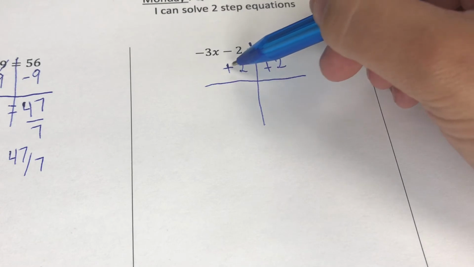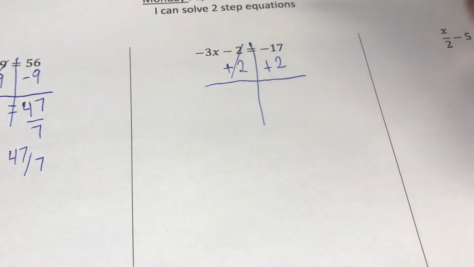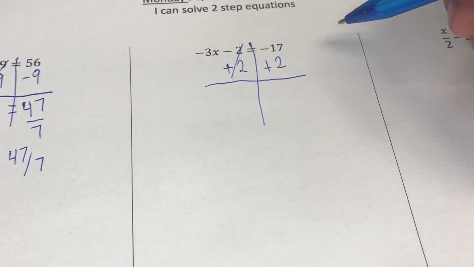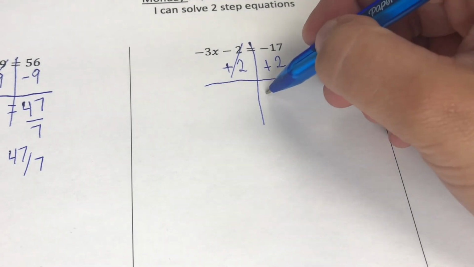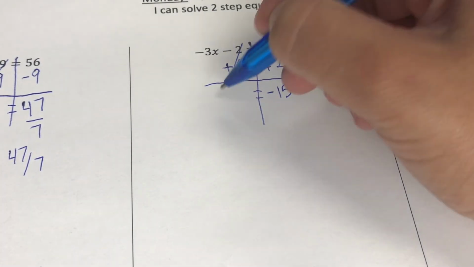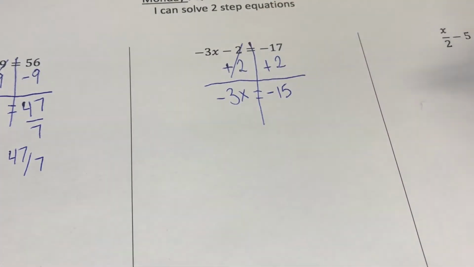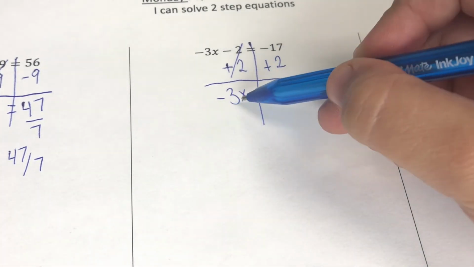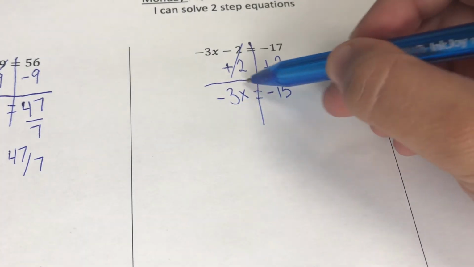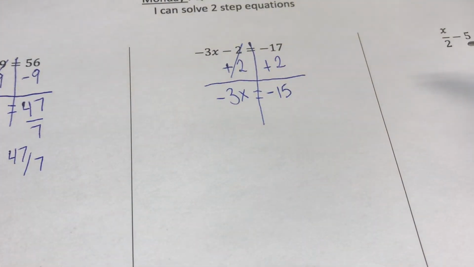Negative 2 plus 2 is 0, so it cancels out just like we'd like it to. Negative 17 plus 2 is negative 15. And let's rewrite the rest. Now again, we have negative 3 times x. So we have to use the inverse operation of multiplication.